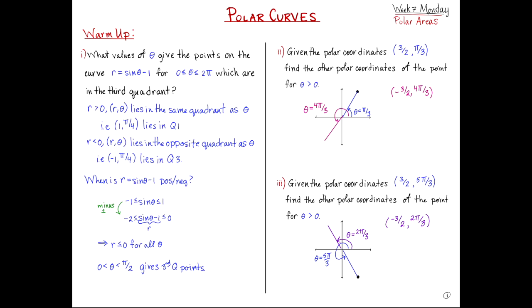In both of these last two examples, we've described the same point 2 different ways. This will be very helpful as we're moving into finding the intersection of polar curves and area between polar curves. So we'll come back to this in the next example.